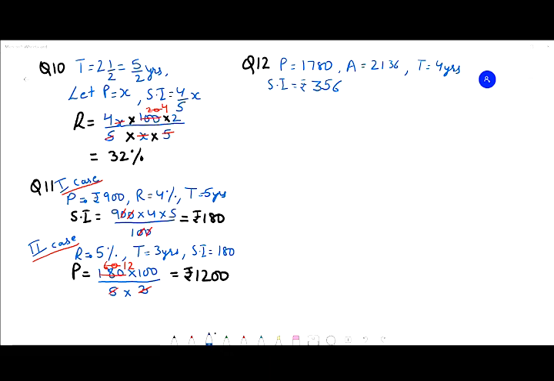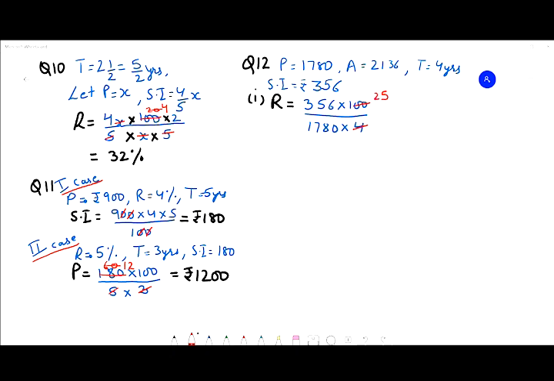Now we have to find out the rate of interest first. My first question is to find out rate, and I will find with SI 356 multiply with 100 by P into time. 25.